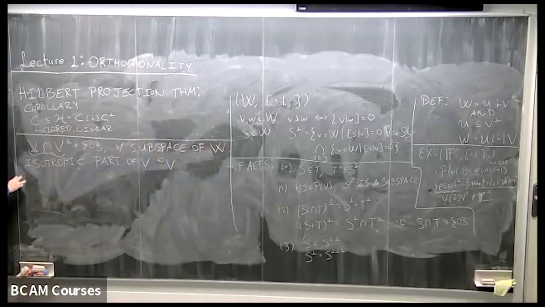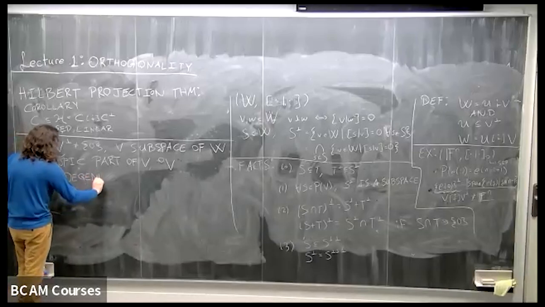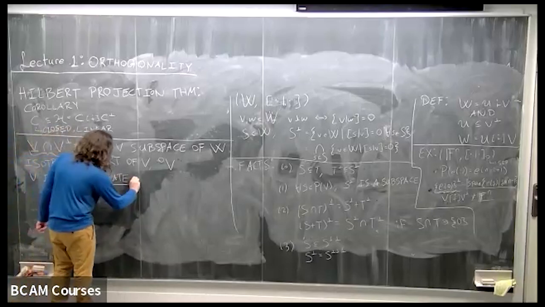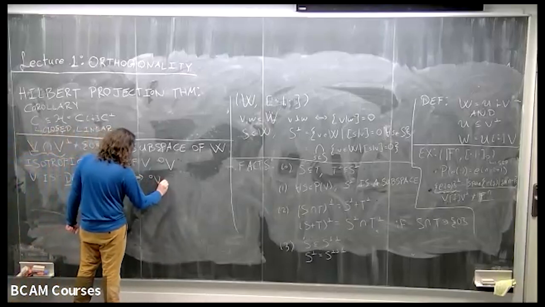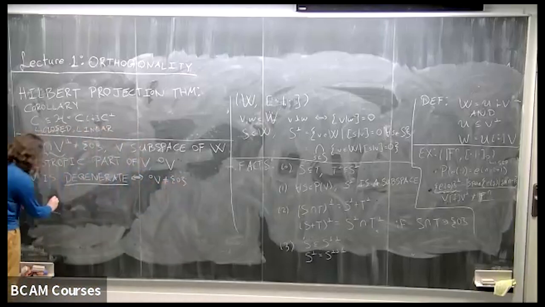If there exist non-trivial isotropic vectors in V, then we will call V degenerate. We'll call it non-degenerate otherwise.